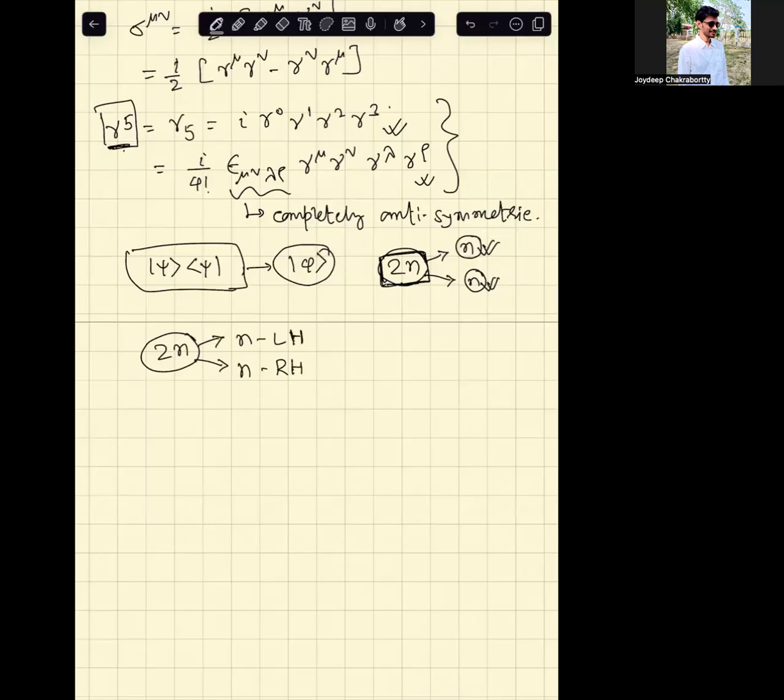But if you are working at odd space-time dimension, then you can have only the 2^n dimensional representation, and you cannot further decompose or rewrite them in terms of left and right. So when I'm writing in this particular form, we call it a Dirac representation, and this we call the chiral representation.